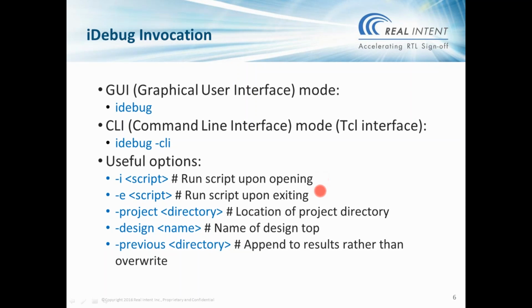You can also use a -E to run a script on exiting to automatically save any view criteria that you've created, and to automatically save any rule status changes out into a particular file, so that those are saved if necessary, so that additional engineers can work with the project directory and re-invoke iDebug with those particular changes.